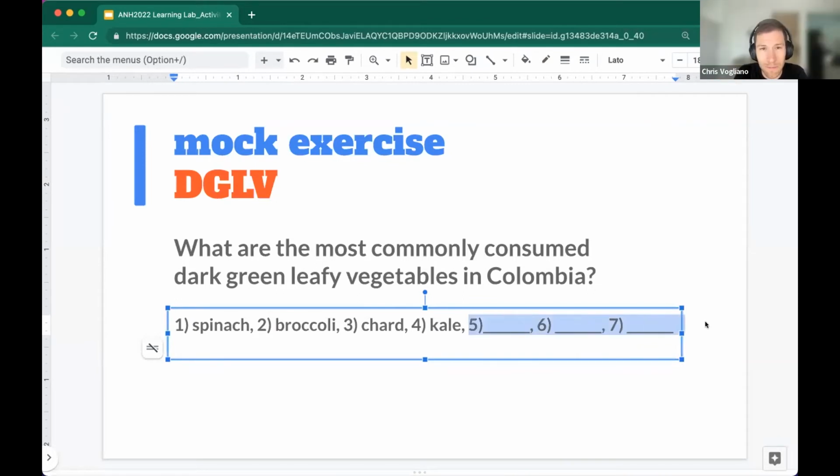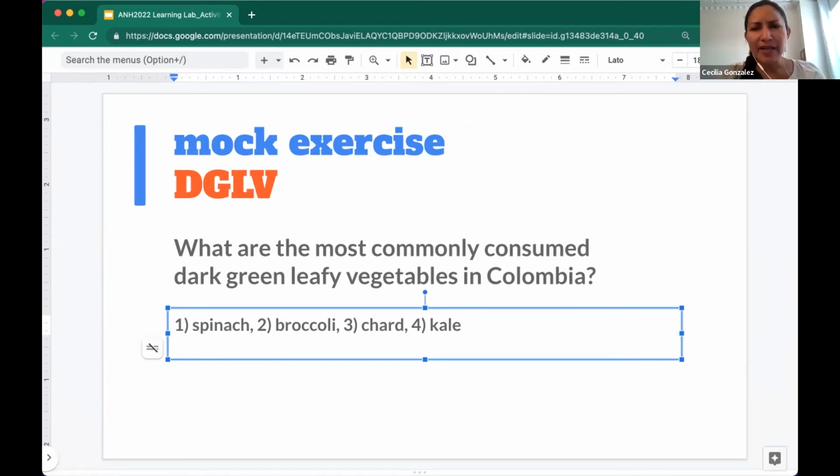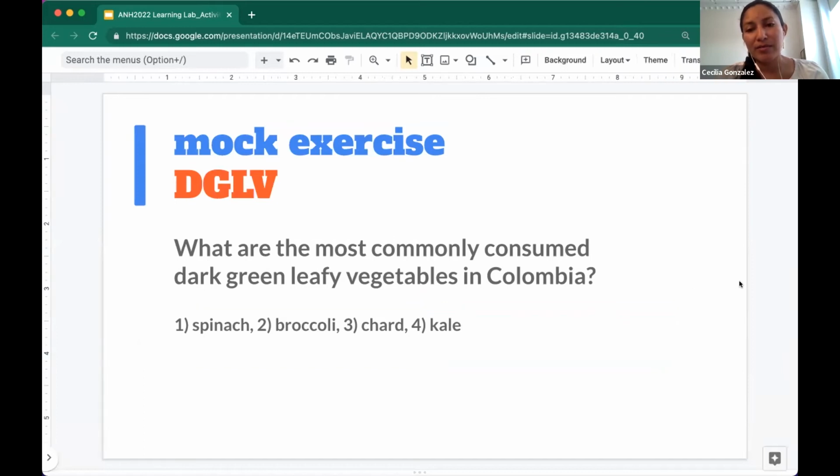Sometimes fresh, sometimes in an arepa, sometimes cooked. Okay. Are there any of these vegetables that you would consider maybe more like a condiment? Yeah, no, not in these 4, but there are some dark green leafy vegetables that are condiments that I have not mentioned. Oh, okay. Thank you so much, Chris.